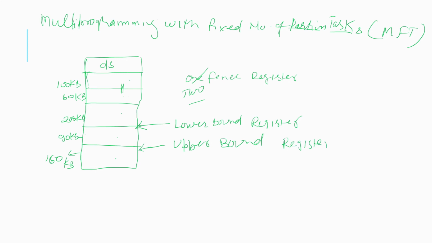So there are two varieties, upper bound and lower bound. For that, two checks or comparisons have to be done, for both registers.